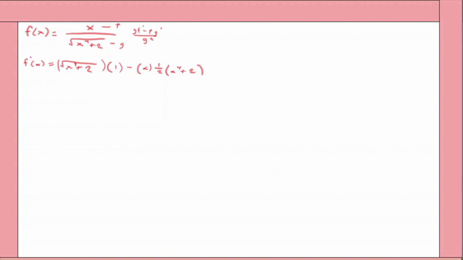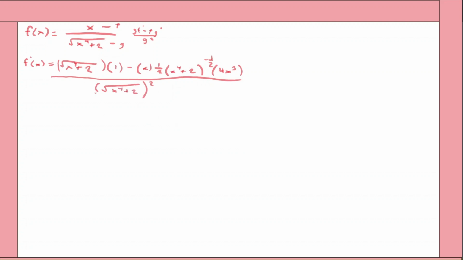And then we're going to subtract 1 from 1/2 to get negative 1/2, just like the previous one. And then you multiply just by the other function over here. So the inner one would be x to the 4th, so its derivative would be 4x cubed. This is all going to be over the g squared. So g squared would just be this root of x to the 4th plus 2, squared.